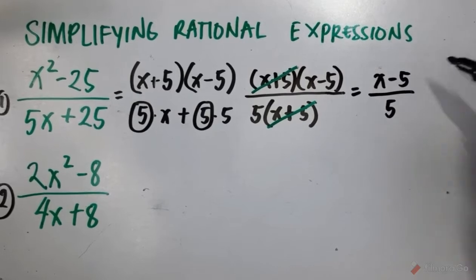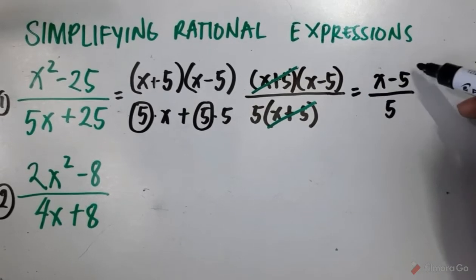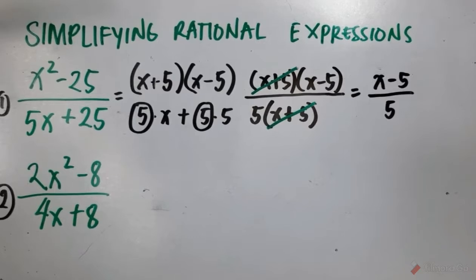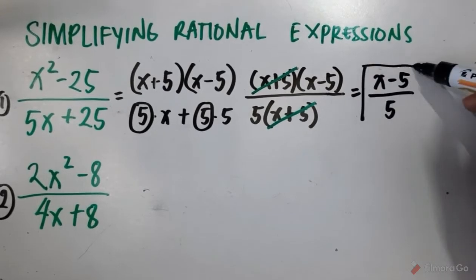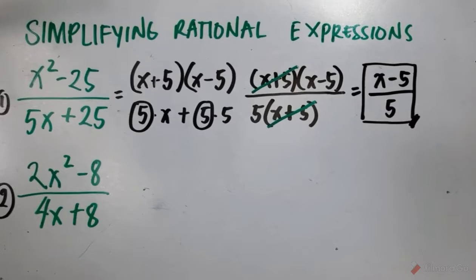Can we cancel 5 and 5? No, because the given in the numerator is a binomial, while in the denominator is a constant number. So we cannot cancel them. Therefore, this will be our simplified rational expression.